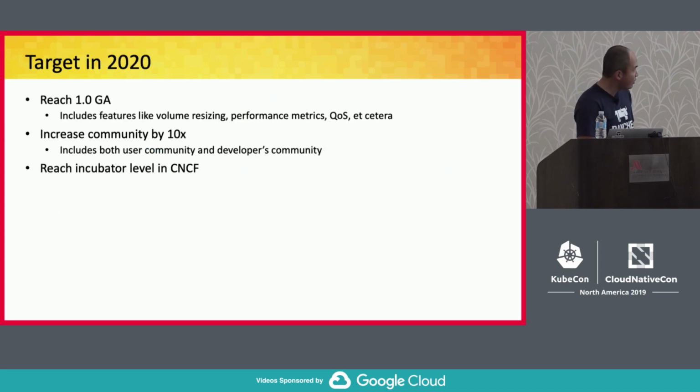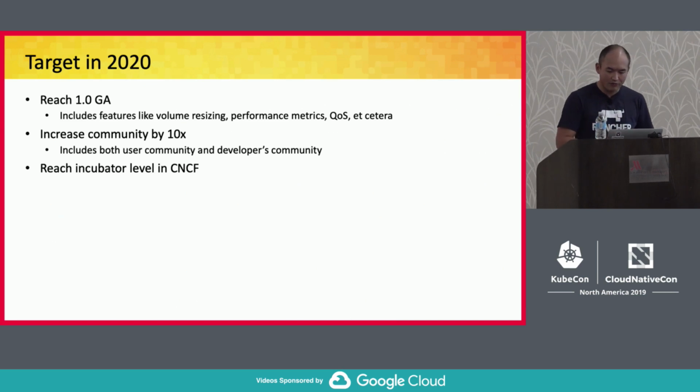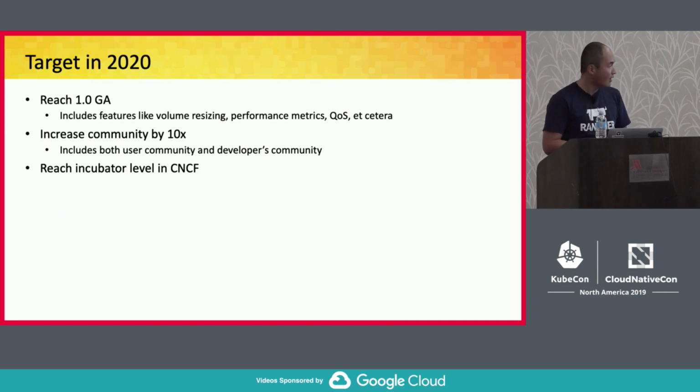So we do have large targets in 2020. The first thing is we want to reach 1.0 GA, including features like volume resizing, performance metrics, QoS, etc. Many people mention that volume resizing is probably the biggest issue that stops them from using Longhorn more extensively, so we would like to address it sooner rather than later.